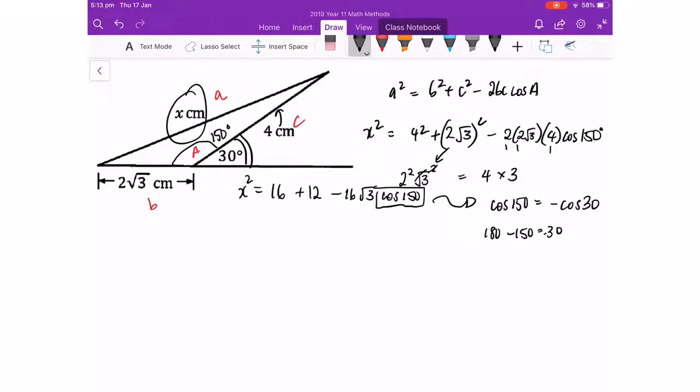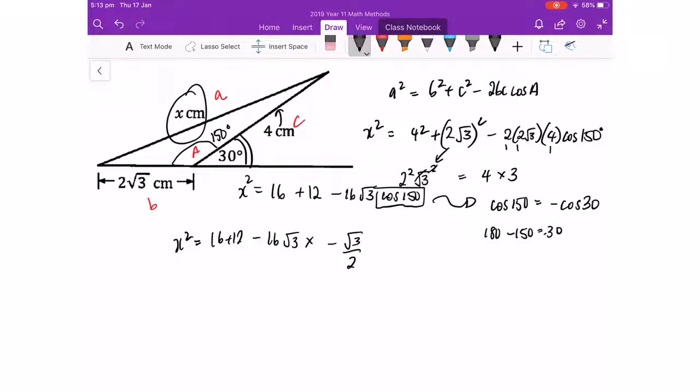The opposite is going to be a negative. Okay, so we know what cosine 30 is. Cosine 30 is root 3 on 2. Just make it negative. So x squared is equal to 16 plus 12, take 16 root 3 multiplied by our negative root 3 on 2.